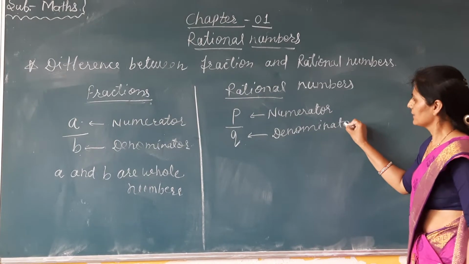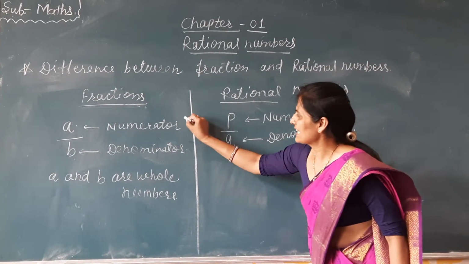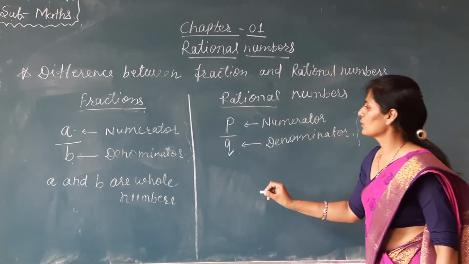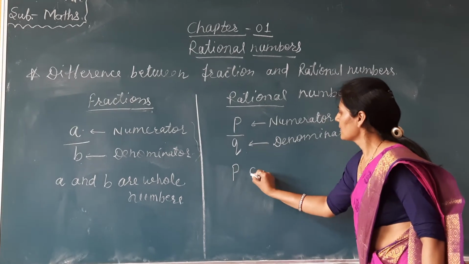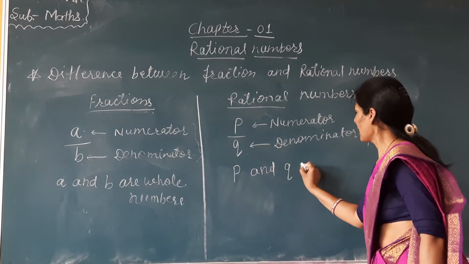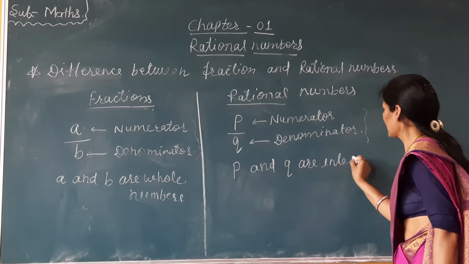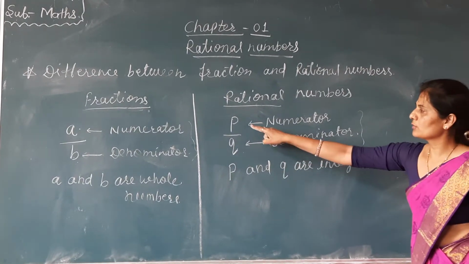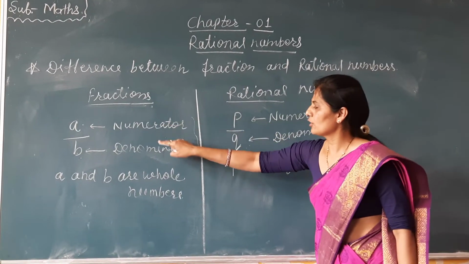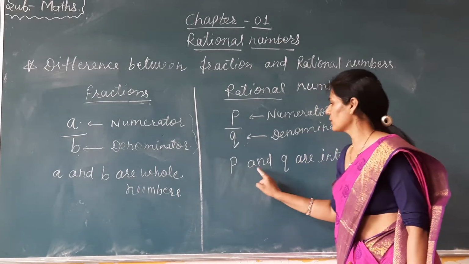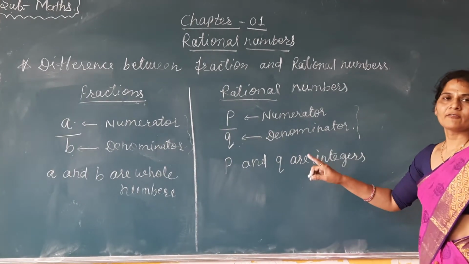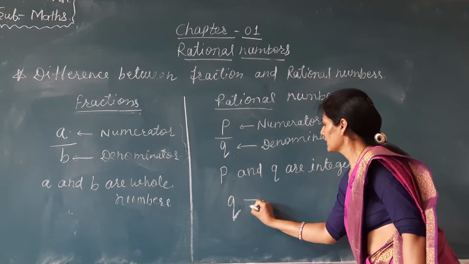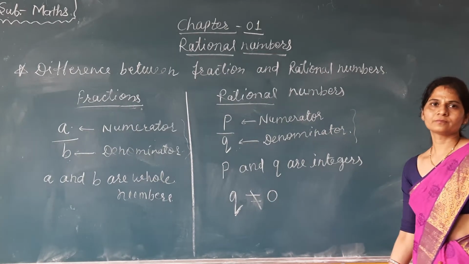These are the same things, a upon b form and p upon q form, but here is one of the differences: p and q are integers, and here a and b are whole numbers. This is one of the most important differences between fraction and rational numbers. And q is not equal to 0.